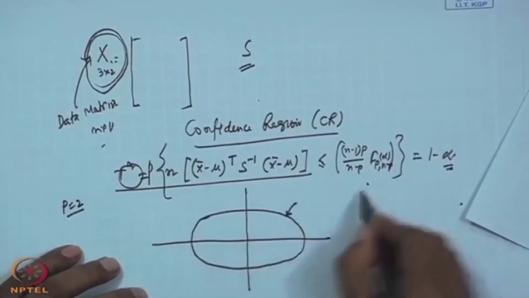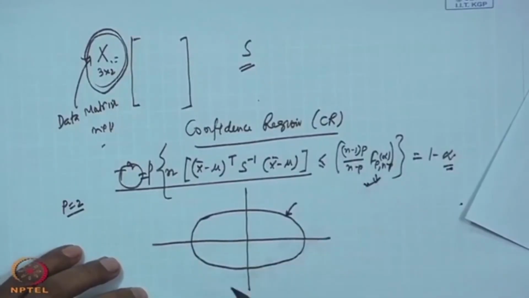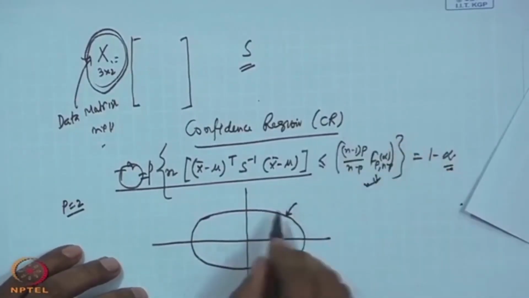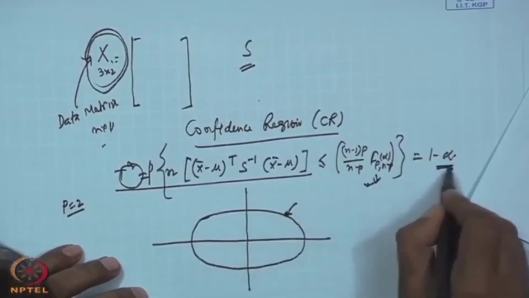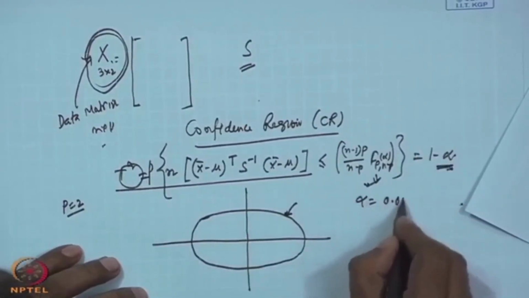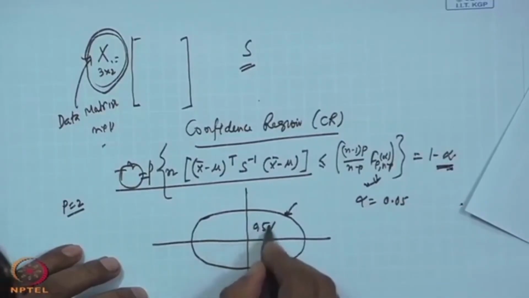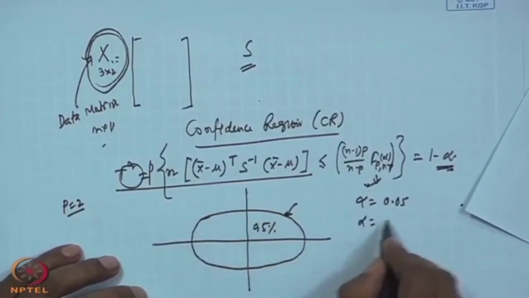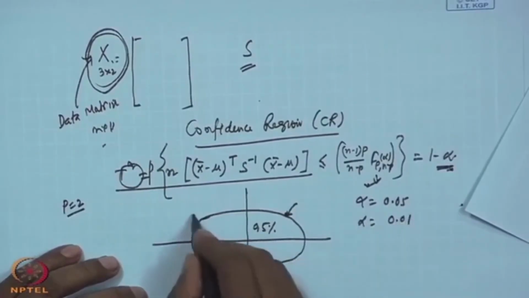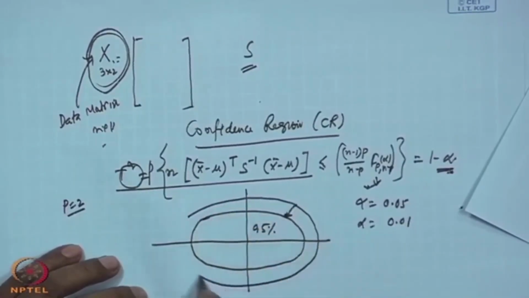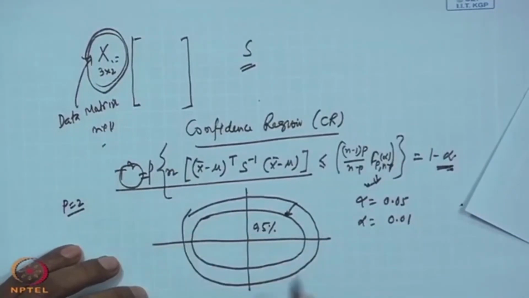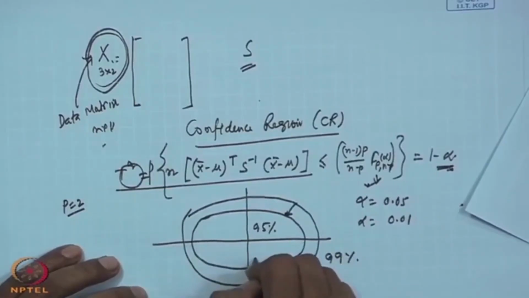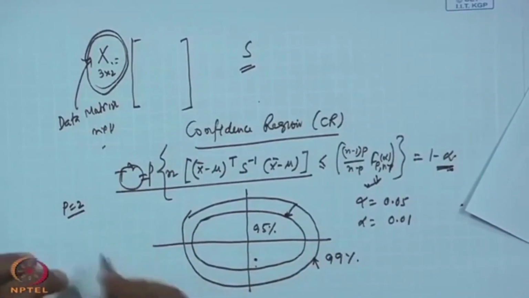This is determined by this quantity, and by 1 minus alpha: if alpha equal to 0.05, that means 95% of the observations will fall on or within the ellipse. If you take alpha equal to 0.01, then your ellipse will be bigger, the reason being this contains 99% of the observations. This is known as the confidence ellipse.